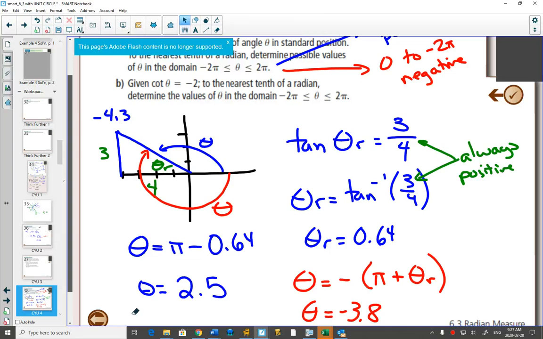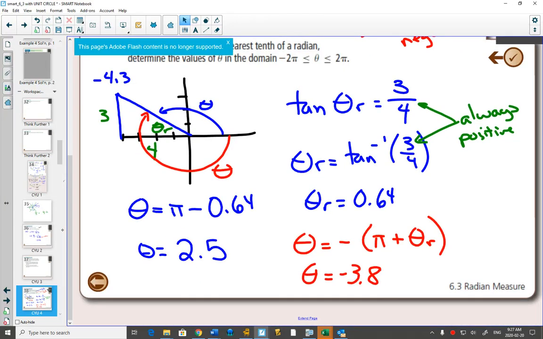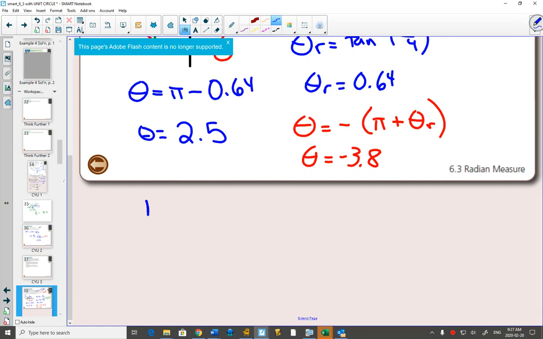So part B starts with cotangent of theta is equal to negative 2. You have to do 1 over tangent.